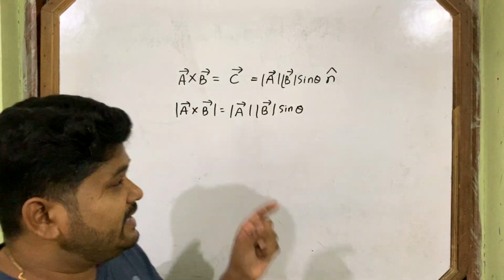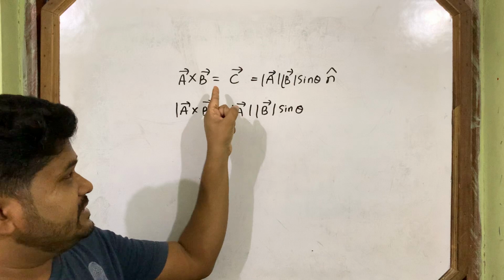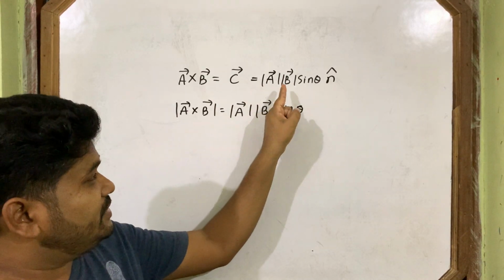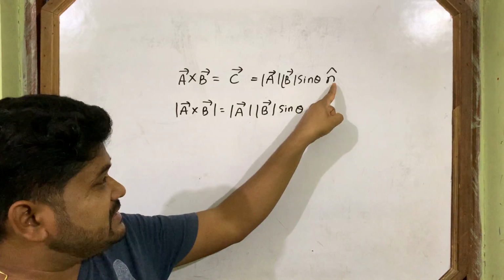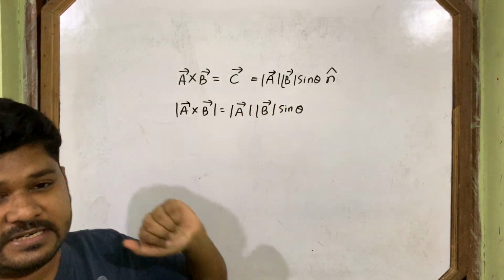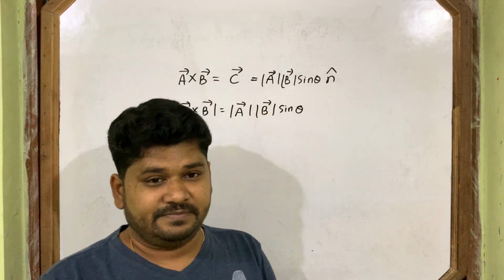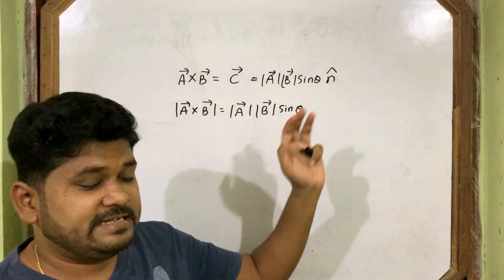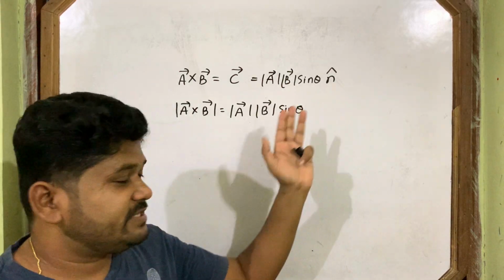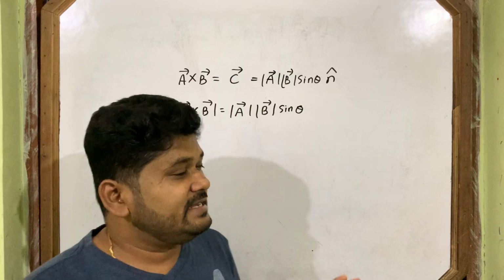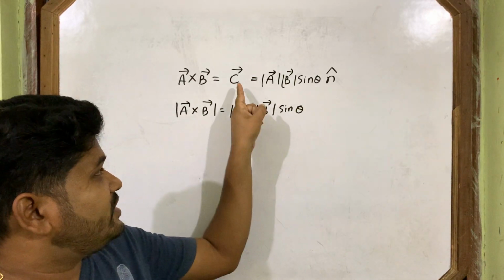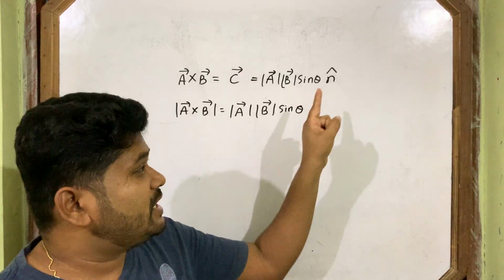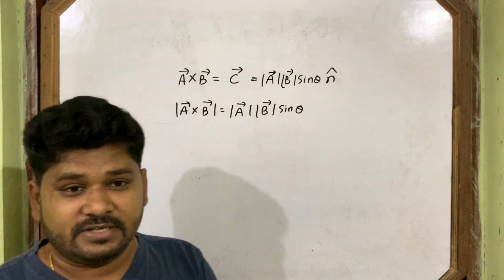So we can say A cross B is equal to |A||B| sin theta n cap, where n cap is the direction of the result vector, that is the C vector. I can also write C cap, no problem. That's just the symbol, don't take it seriously.